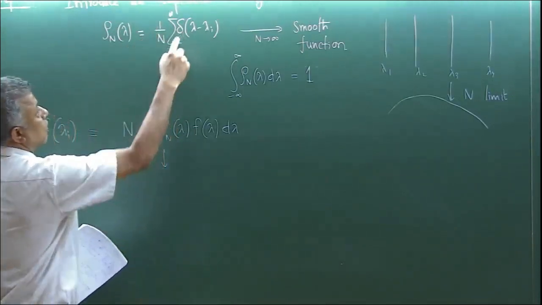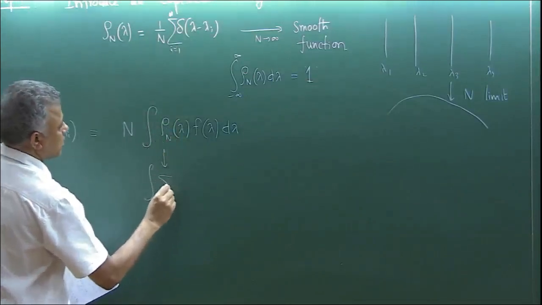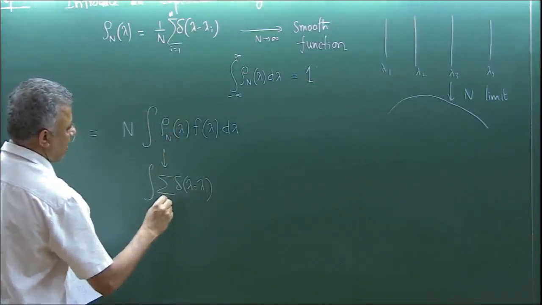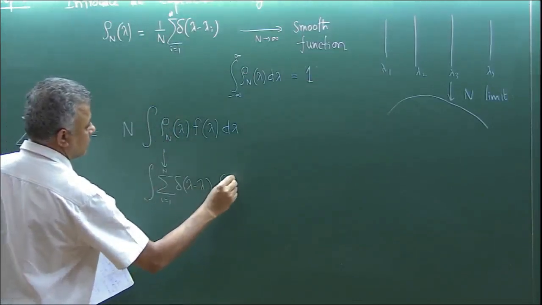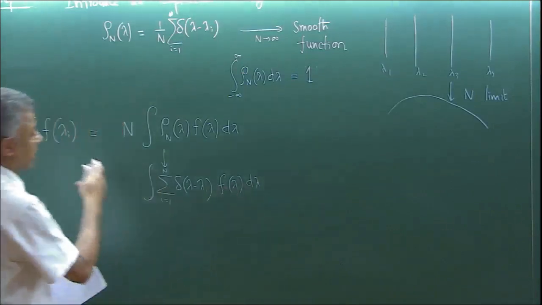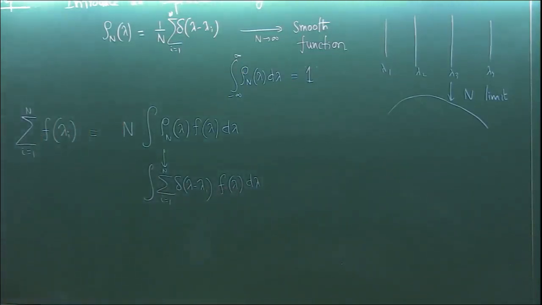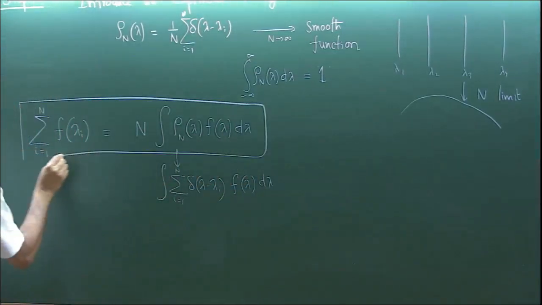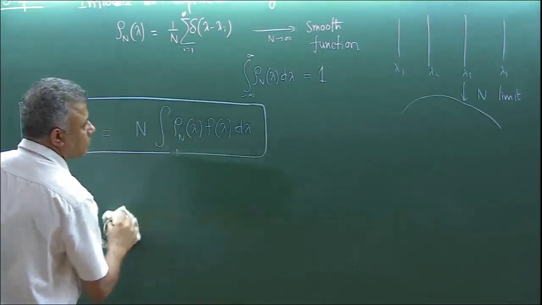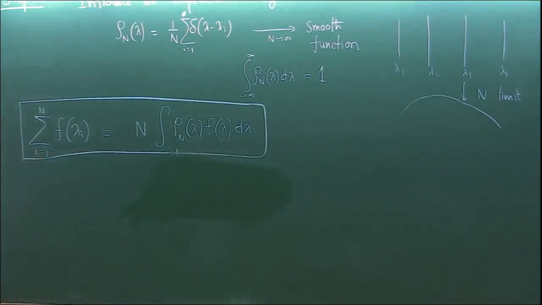If I substitute this formula here, this just becomes a sum over delta lambda minus lambda i, which is exactly the summation i equal to 1 to n. So we are going to use this relation, it is important. For any function, this is true. Okay, so this is the preamble, step 1.